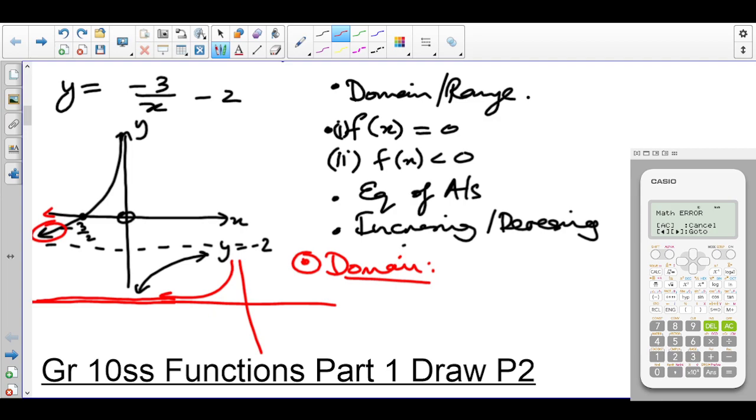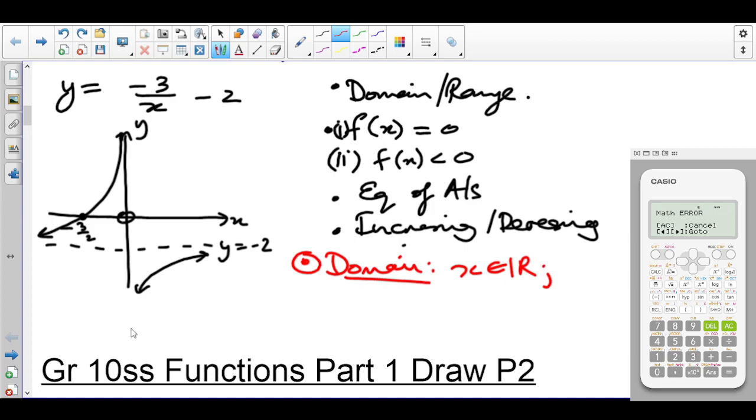I can't draw an infinity graph and draw it forever. So, very restricted. What is the domain? X is an element of the real numbers. X is just not equal to?